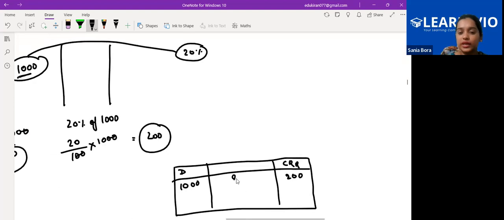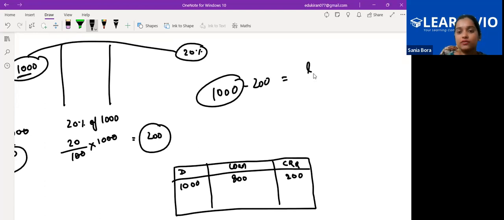You can give a loan of 800 rupees. Clear? Because from 1000 rupees, if you subtract 200, 800 is left. This 800 rupees you are going to give as a loan. Clear? Yes or no? Yes, ma'am.